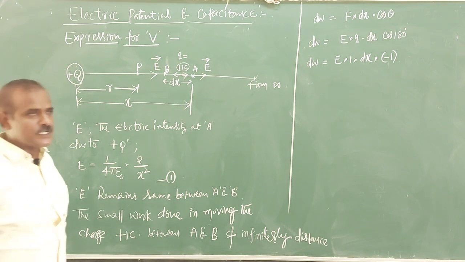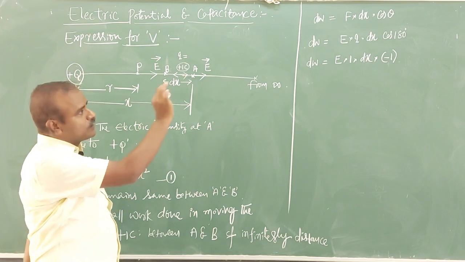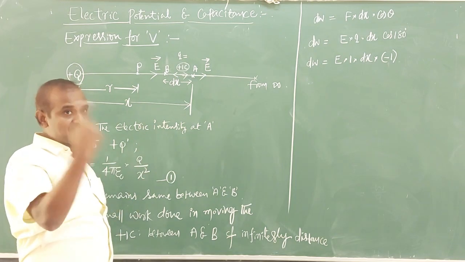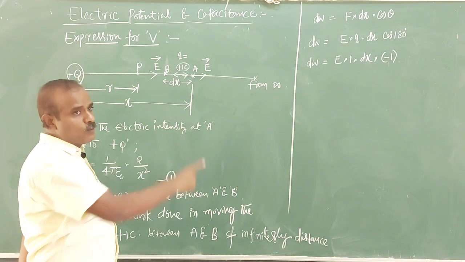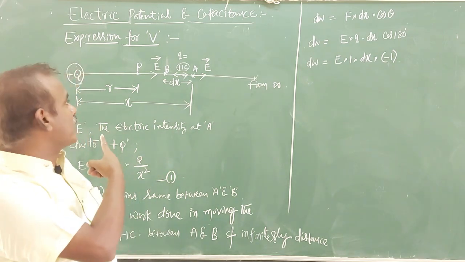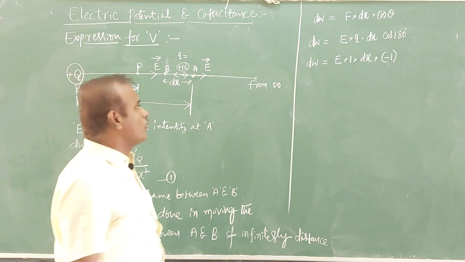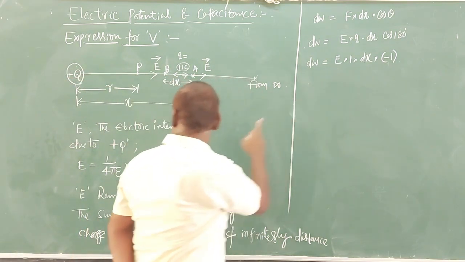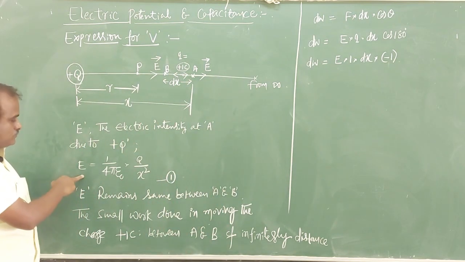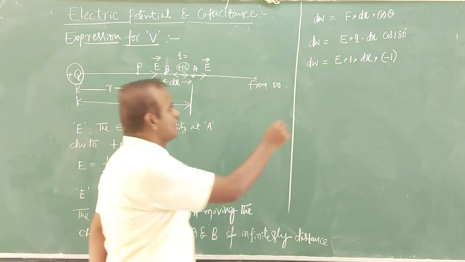So what we did, students, is calculate the work done to move between A and B. Now we are going to extend this for entire work done to move from A to the given point. What is our given point? P is the given point. Now you can substitute for E from equation 1, electric intensity, because between A and B, electric field is same.